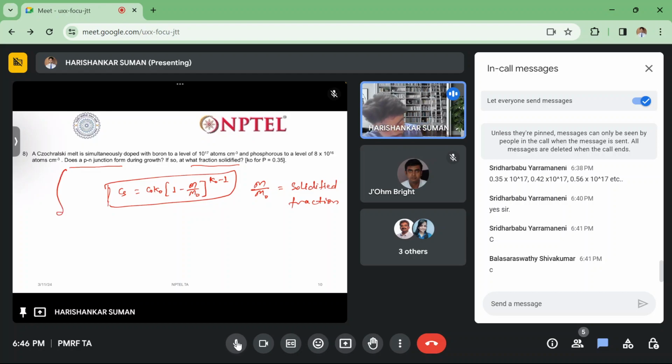For a p-n junction, let's say this is the p side doping and this is the n side. They should be equal, then we can form a p-n junction.